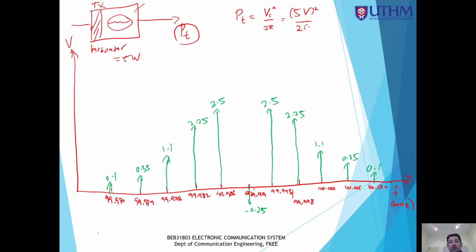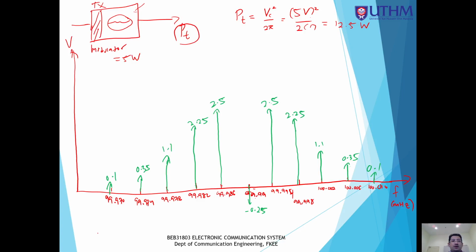So 2 times 1, and we get the total power equal to 12.5 watt. This is the total power produced by the transmitter, transmitted to the antenna.